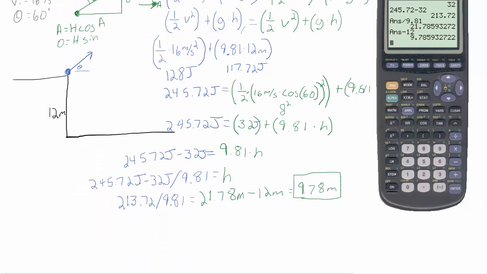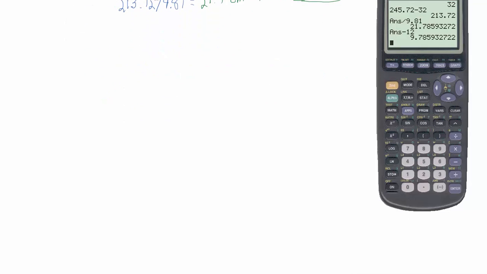Okay, so for this part, here, I'm going to just scroll down and we'll redraw this. So we have our building, the ball, it goes up and then it comes down.